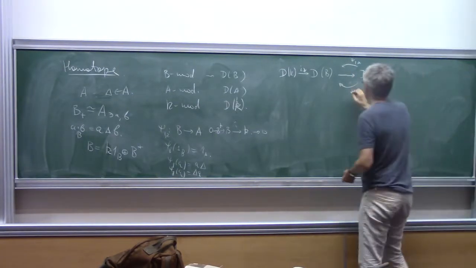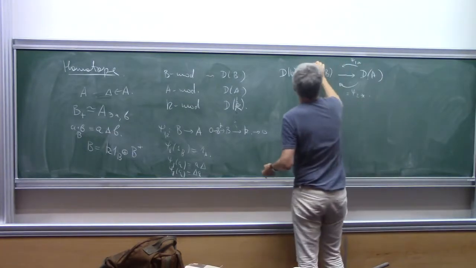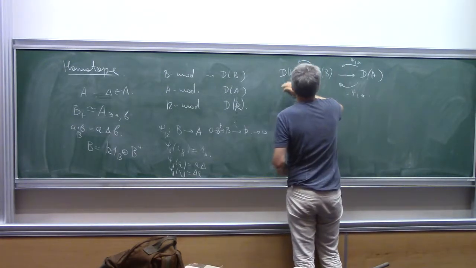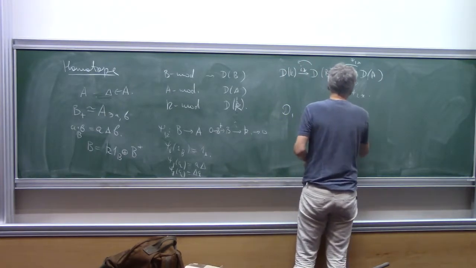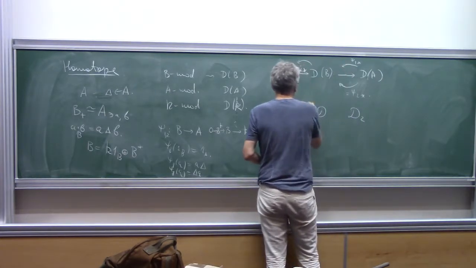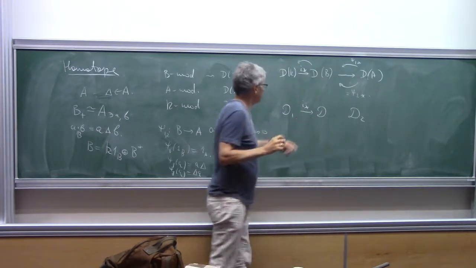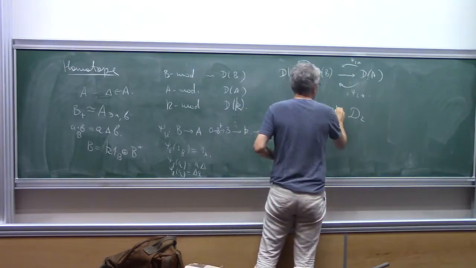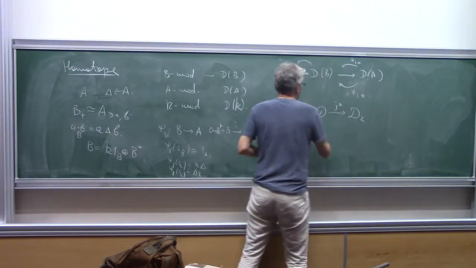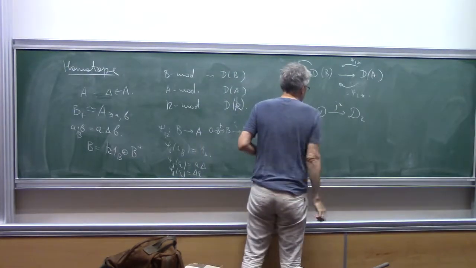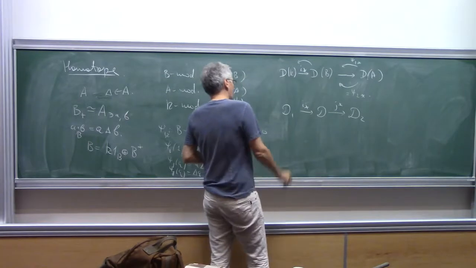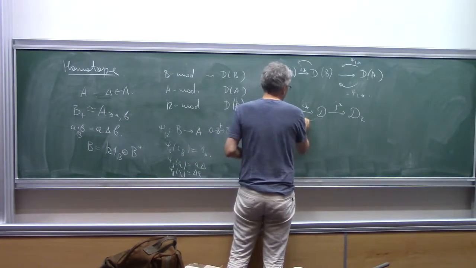And so the point is, well, I hope everybody knows what a recollement is. It's three triangulated categories, D1, D, and D2, with a fully faithful functor from D1 to D. The other functors are functors of triangulated categories, exact functors. So there is a functor j upper star, and there are adjoint functors to both.